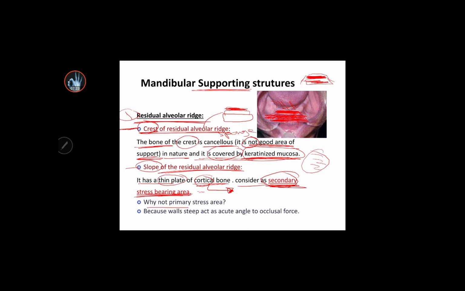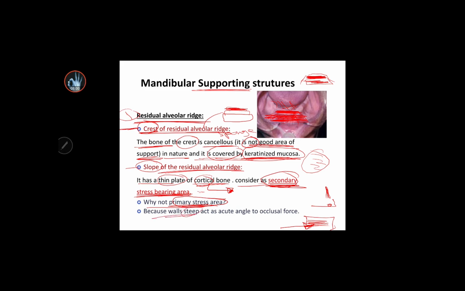So why is the slope not a primary stress bearing area? As we already described, the primary stress bearing area is the one that can withstand the vertical force of the occlusion at a right angle. The slopes are secondary because they withstand the horizontal or lateral force. The secondary protects from the force coming from the side, but the primary receives force at 90 degrees.